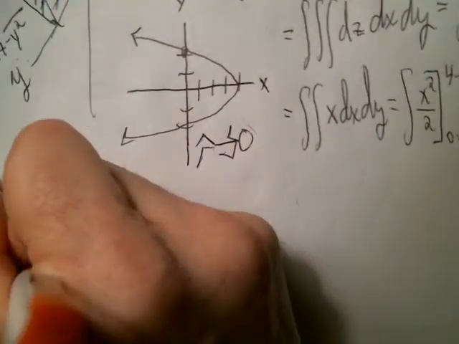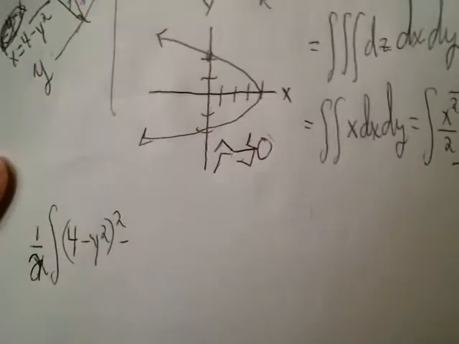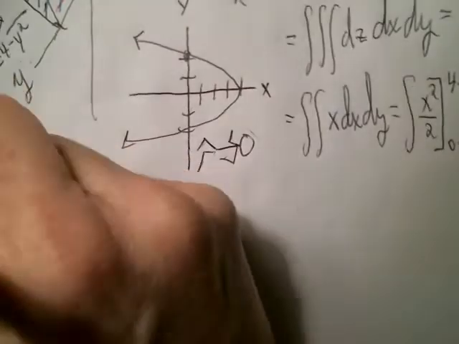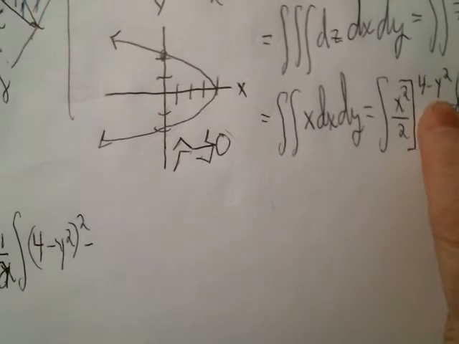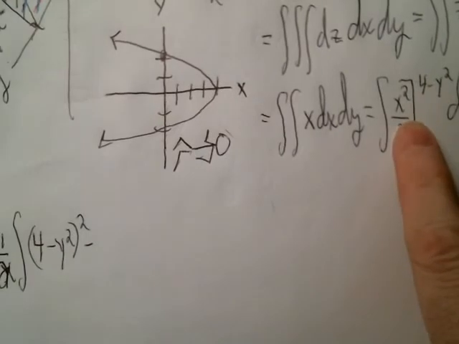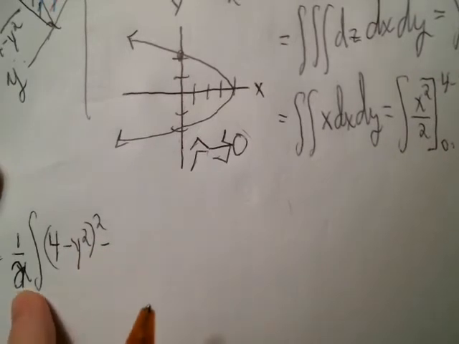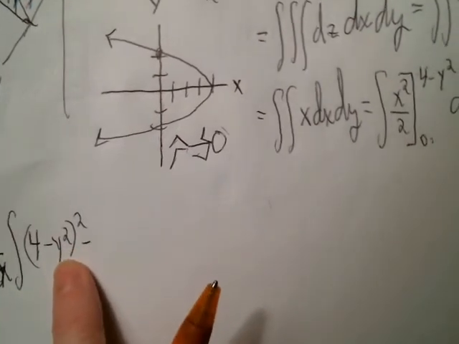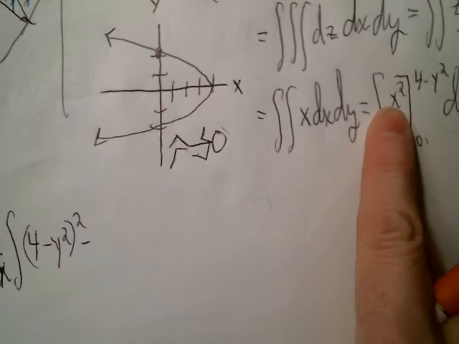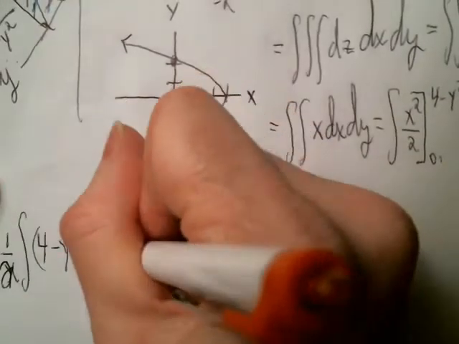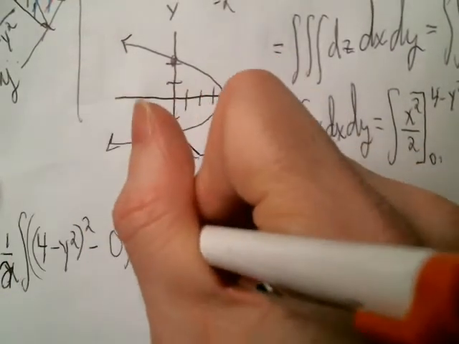I pulled out the 1/2. I put 1 over y. Okay, so plugging 4 minus y squared into here, I get 4 minus y squared, squared right here, all over 2, but I pulled out the 1/2. Okay. And then if you plug 0 into there, you get 0, so minus 0. And then dy.